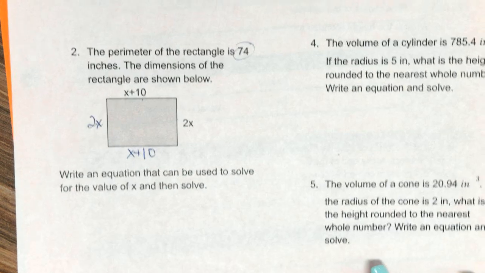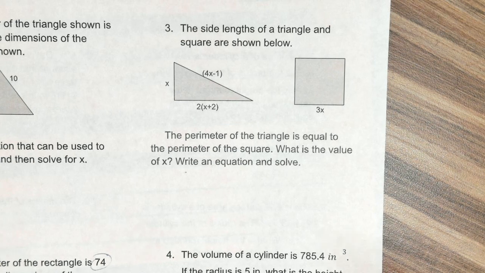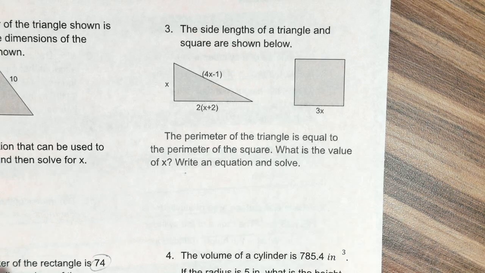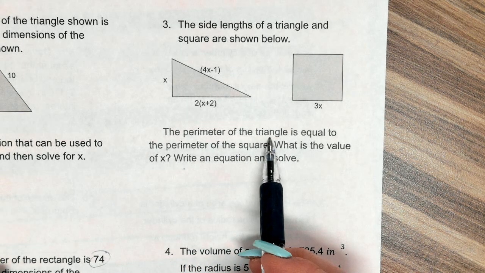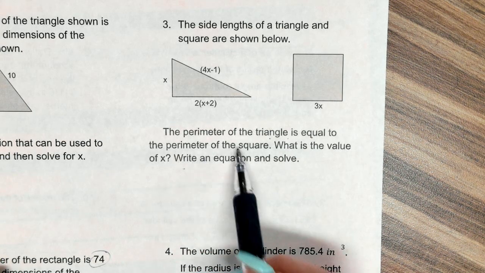Now, the one that I really need to explain is number 3. Everybody stop what you're doing and look at number 3. The side lengths of a triangle and square are shown below. The perimeter of the triangle is equal to the what? Perimeter of the square.